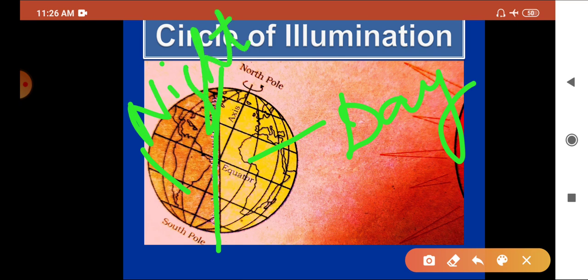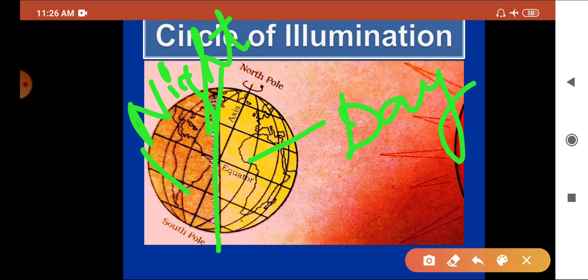When you do an experiment at home by taking one torch and lighting it on a bowl in a dark room, you will find that only half of the bowl is getting light. The same is with our earth, exactly half of the earth is receiving light.